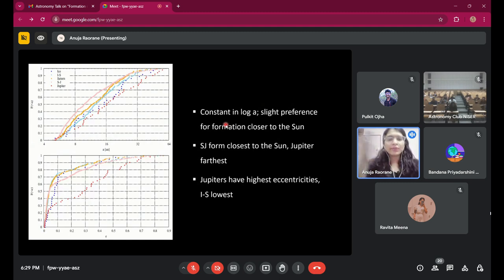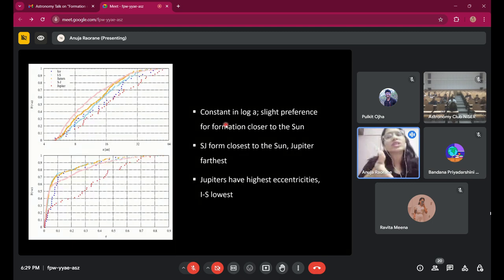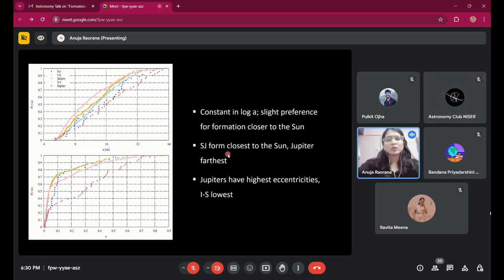For example, in our system, Jupiter, which is the most massive planet, technically forms the closest to the sun from the outer solar system perspective, but we did not see any mass preference there. Instead, Saturn and Jupiter actually formed the farthest in our systems, while the analogs that fell between Saturn and Jupiter formed the closest.